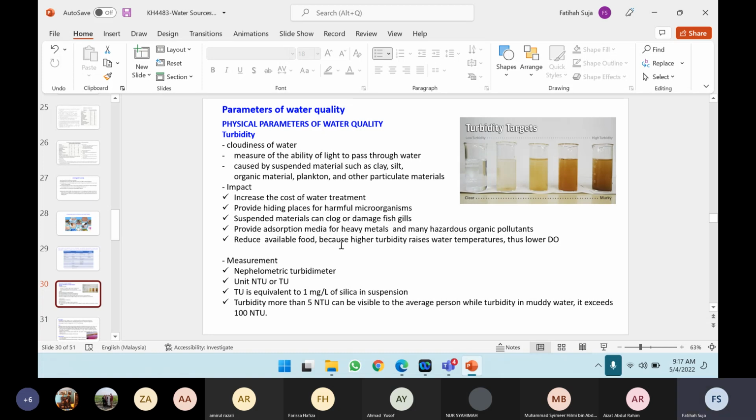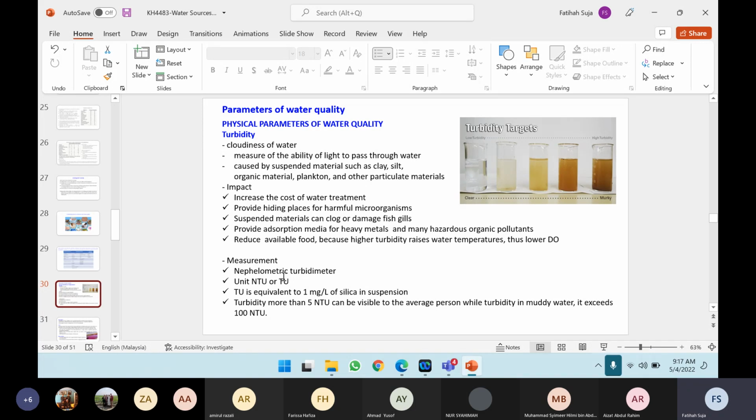By having this turbidity, usually you have microorganisms, and these microorganisms will take up the dissolved oxygen of the water body, so it will lower the DO in the water body.